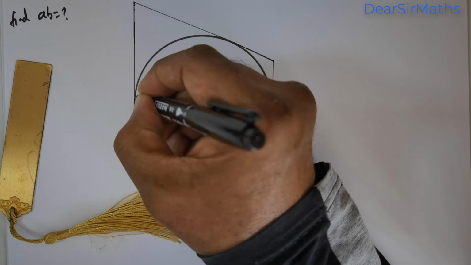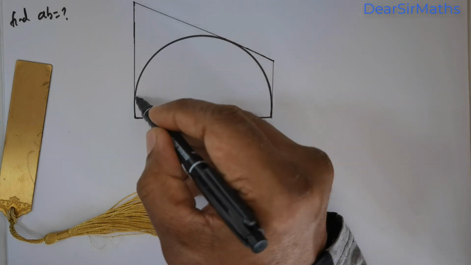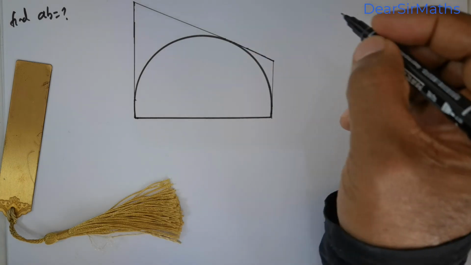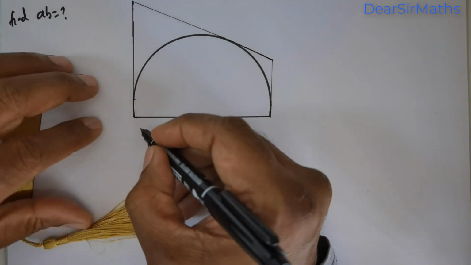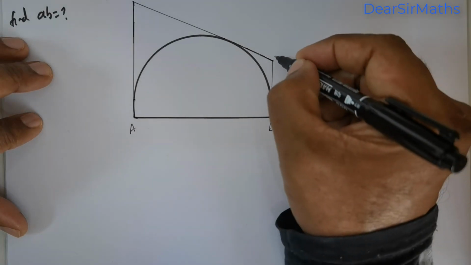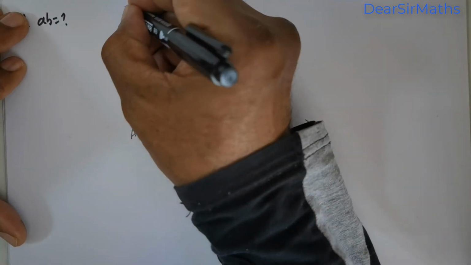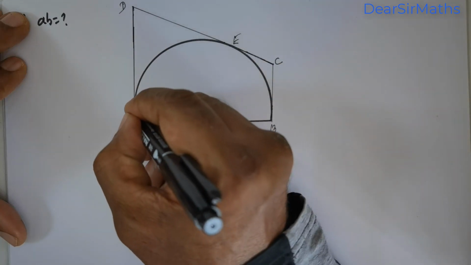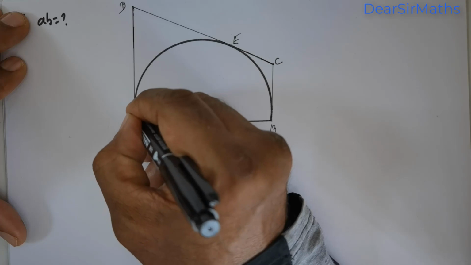So there is a point of contact over here, a point of contact, and a point of contact, a point of contact here. So let me take these points as A, B, C, D, E and F.